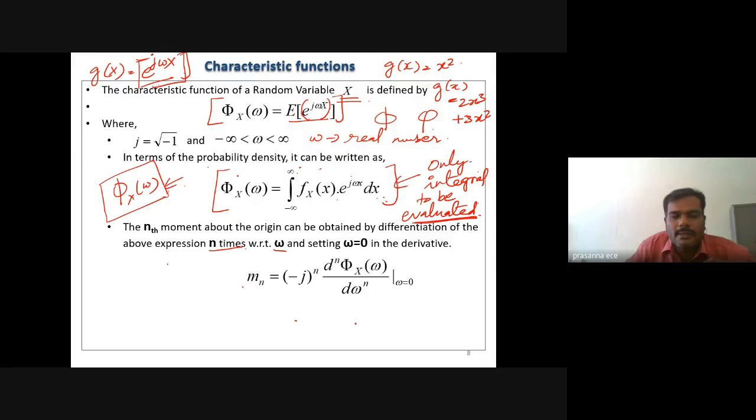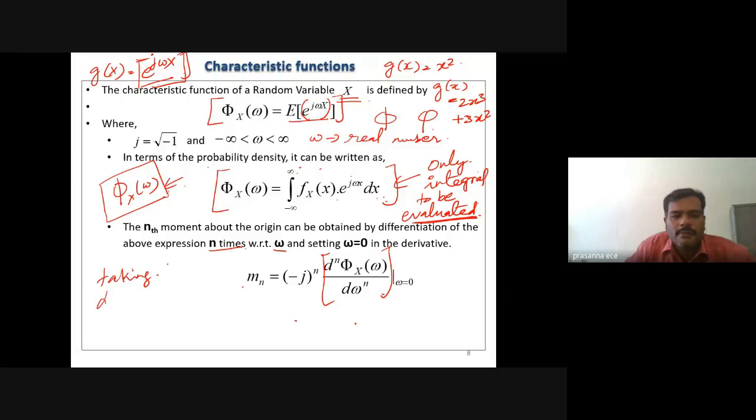After that, to find any higher order moment, you are just taking the derivative of this phi x of omega n times. Taking derivatives is a lot easier than taking integrals.